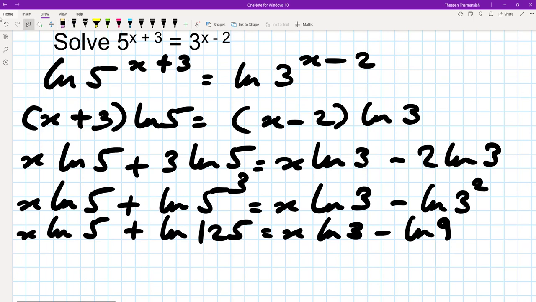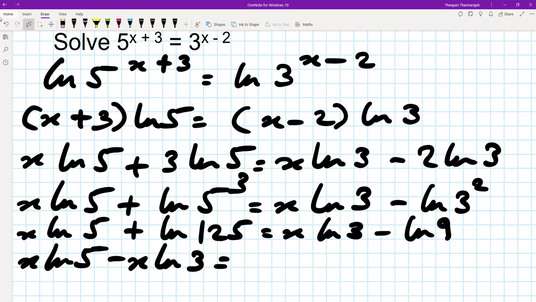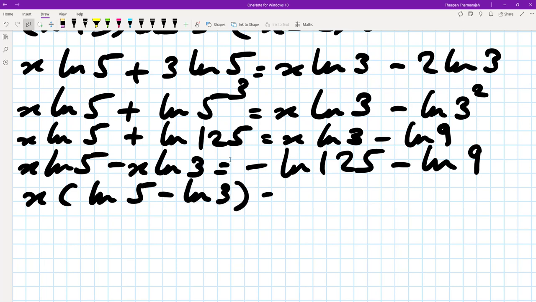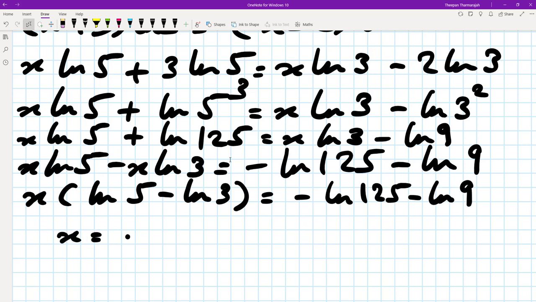So bring all the x terms to one side, so I get x ln 5 minus x ln 3 equals minus ln 125 minus ln 9. That will give me x times ln 5 minus ln 3 equals minus ln 125 minus ln 9, and divide them.